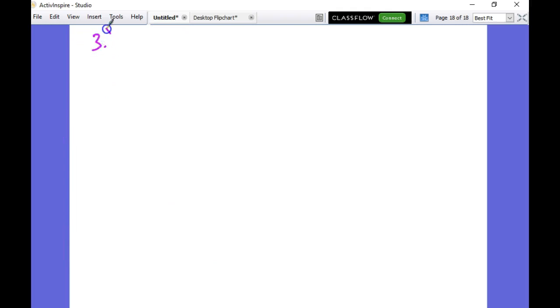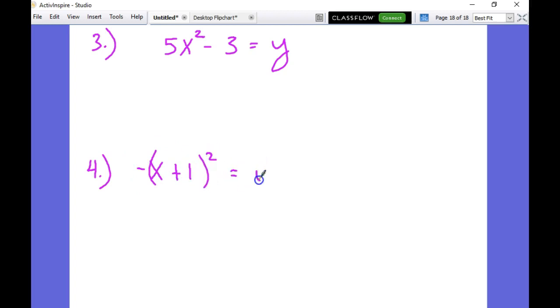Let's do number 3. So write down these two problems, but leave enough space so that you'll be able to graph them however you choose to do that.